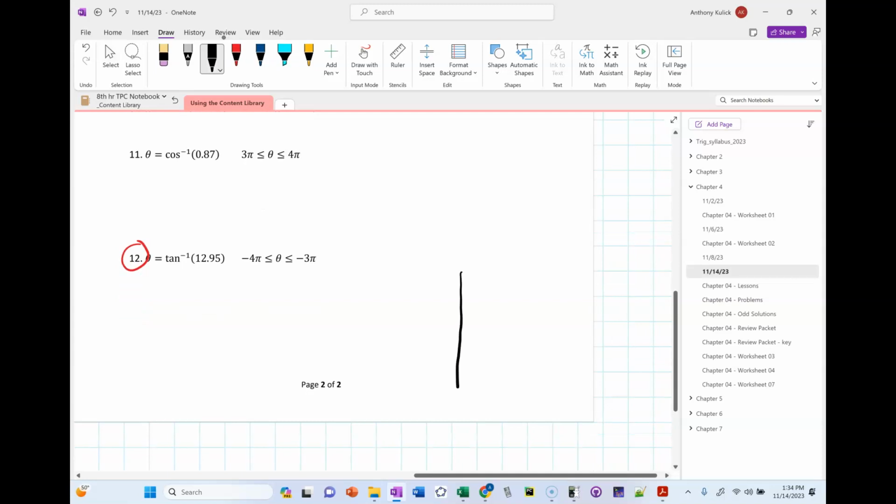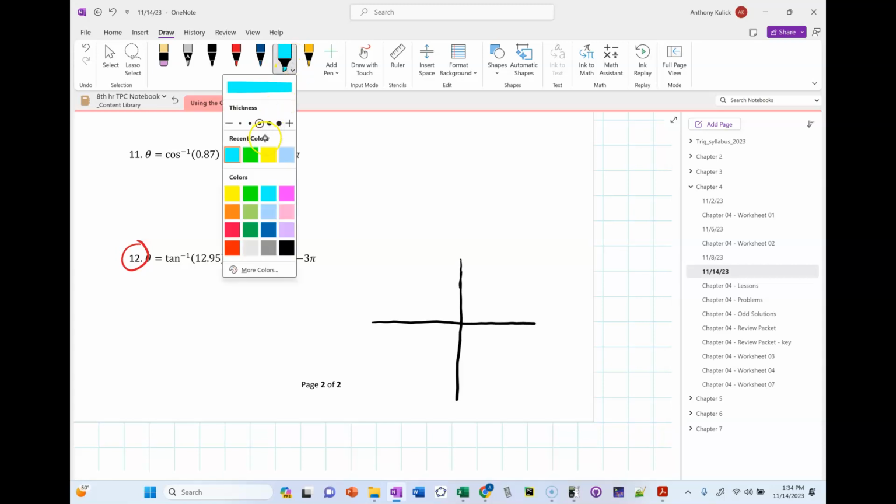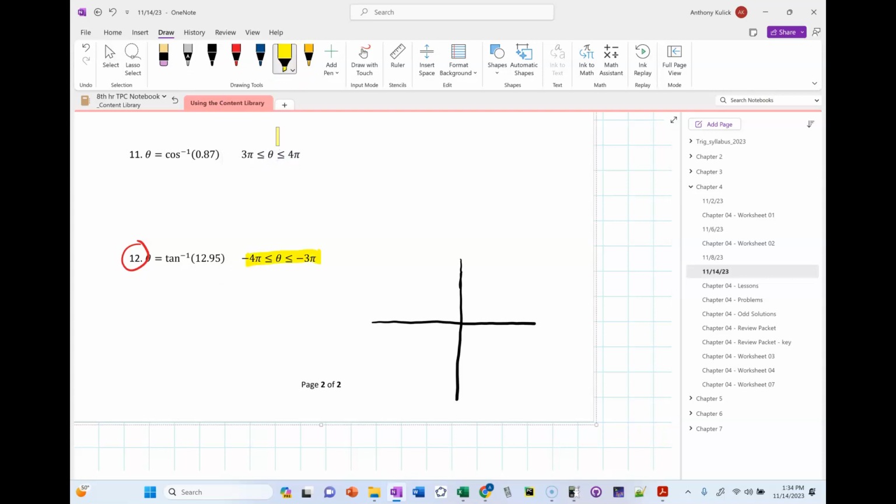All right, we'll start by drawing our picture. So I'm going to use my interval first. Notice that my angles are negative, so which way do I need to be counting? Clockwise.